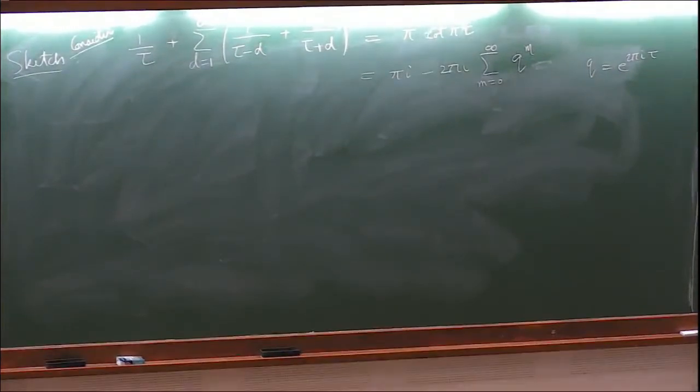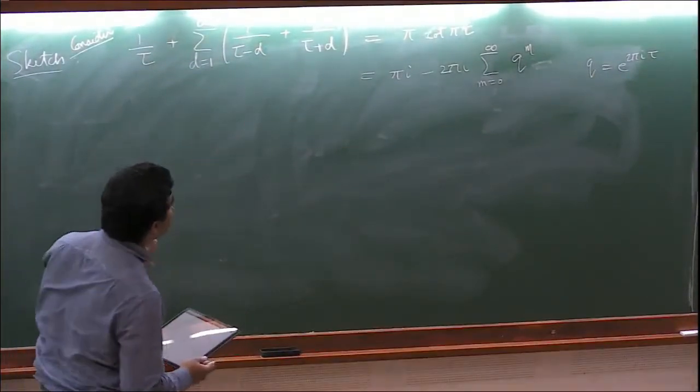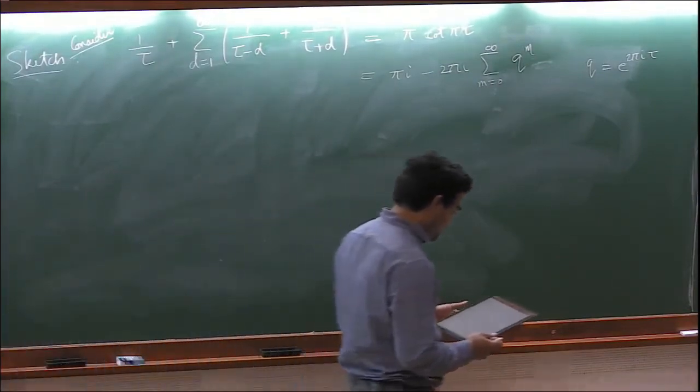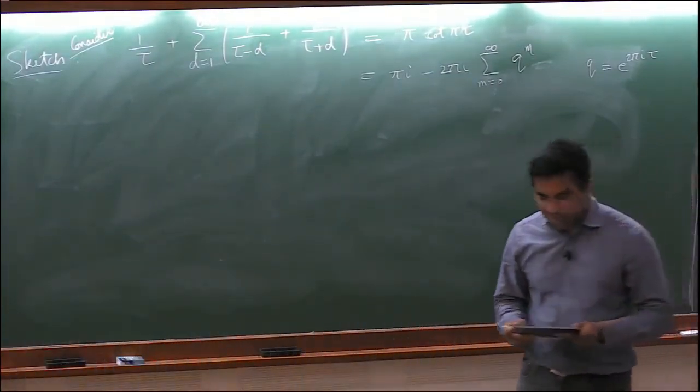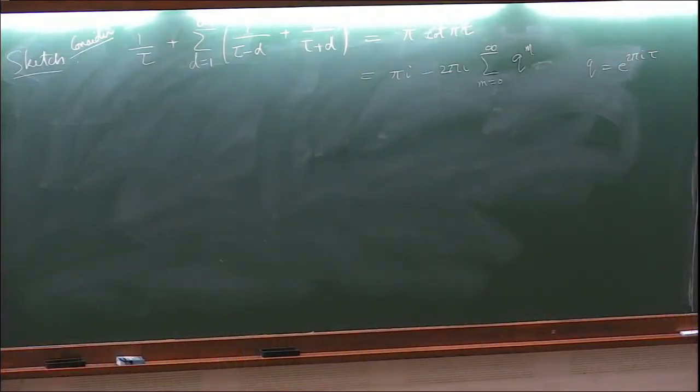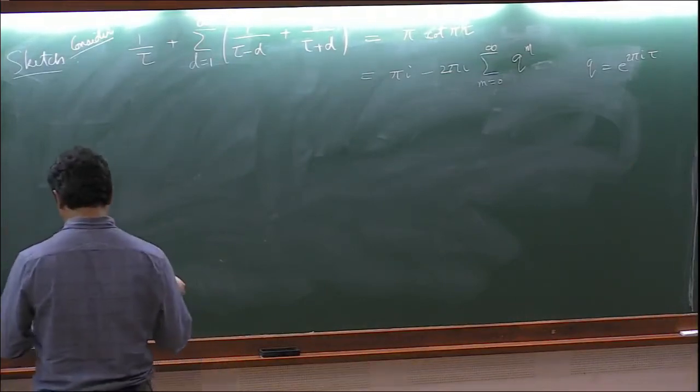Yeah, so you have to use this, and why do you have to use this? So Diamond and Shurman say that this is a standard rite of passage in the theory of modular forms to learn how to use this kind of thing. So they don't give any motivation for this.